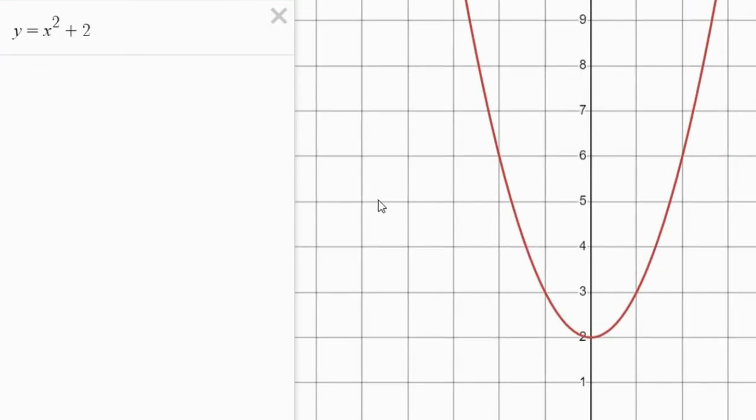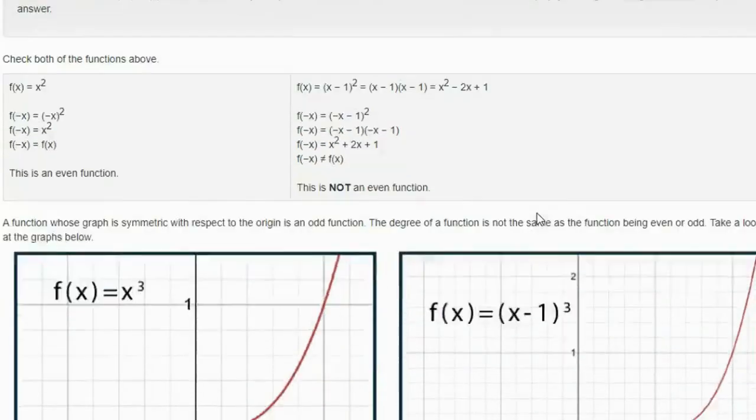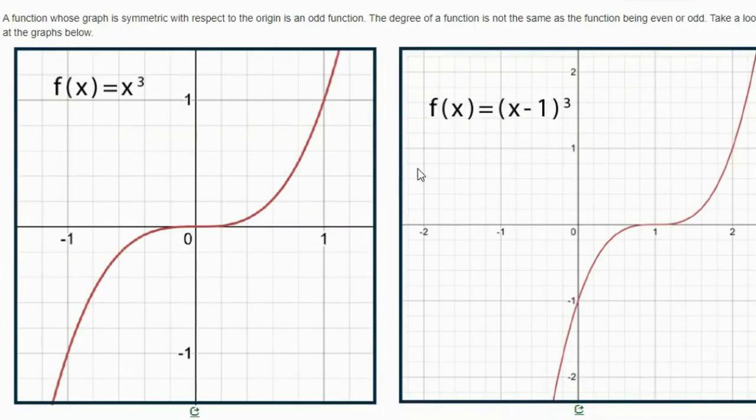So we can see from a graph, and we can see algebraically that it is an even function because when I substitute negative x in and simplify it, it equals exactly the same equation as what we started with. And I mean exactly the same equation. We'll see some in a minute that are not exactly the same, so they're not even. All right. Now, they did an example there, did they? So look at that. We'll look at an example in a minute.